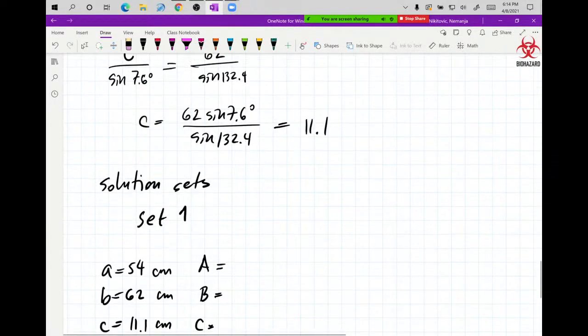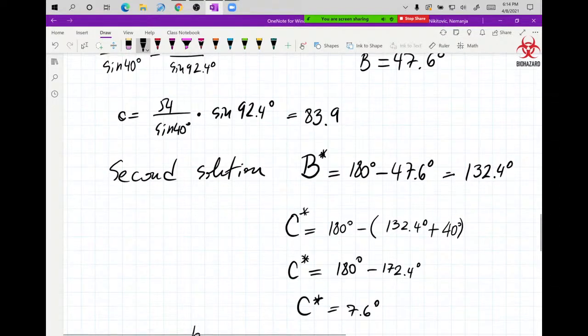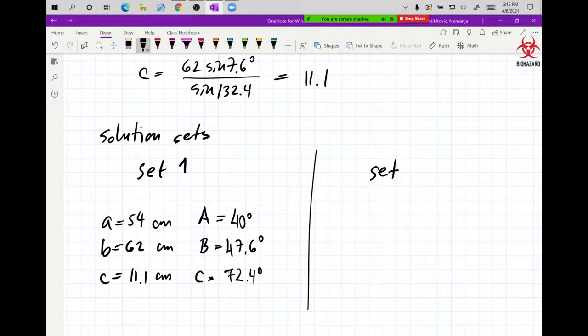Okay, so angle A is 40 degrees. Angle B was 47.6 degrees, and this one has to be 72.4 degrees. Set 2: a is still 54, b is still 62, but now you have a c star, which is 11.1.